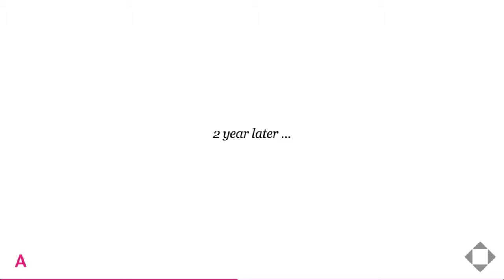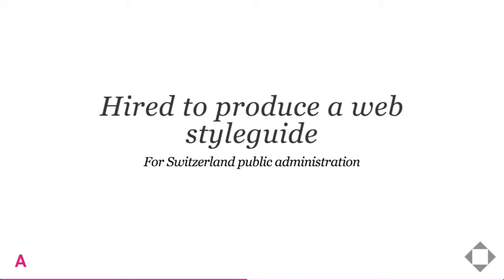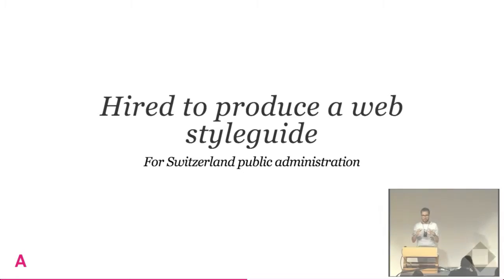And 2 years later, meaning this year, we were hired to produce only a web style guide, because we started talking about this style guide and our tool 2 years ago. The Swiss administration had this problem: they want to have the same layout for every website of the Confederation.